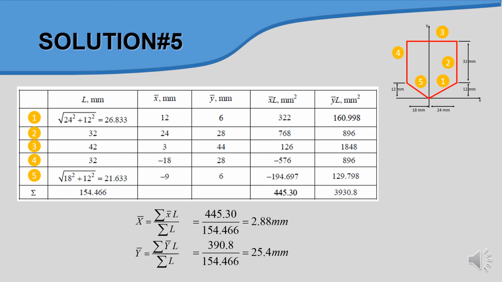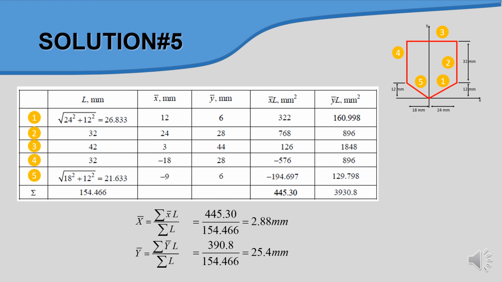We will start from wire number one. You need to calculate the length of wire number one by using the dimension given, using the Pythagoras theorem. So we get the length of wire number one is 26.833.